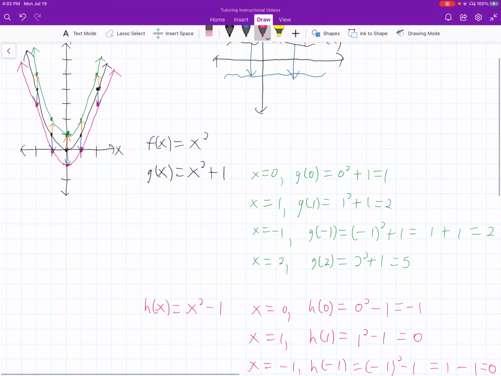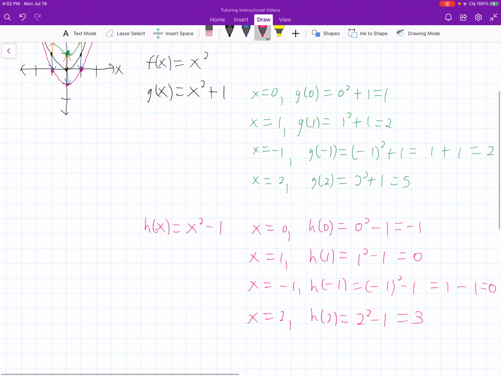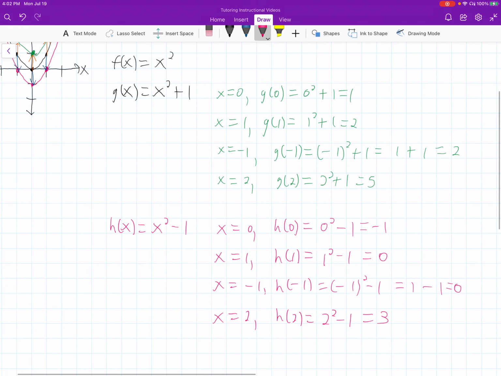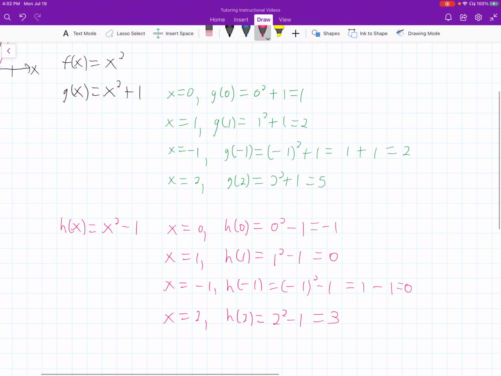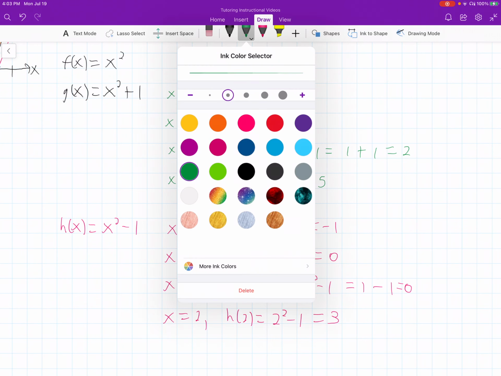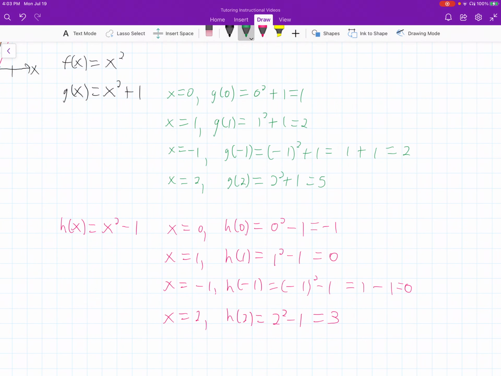Well, now we can go back to how we were thinking of each of these functions when we did it by points. So like for example, to get g here, notice we picked x is 0. I have 0 squared plus 1. I plug in x is 1. I have 1 squared plus 1. So notice really what we're doing to get g, what are we really doing?